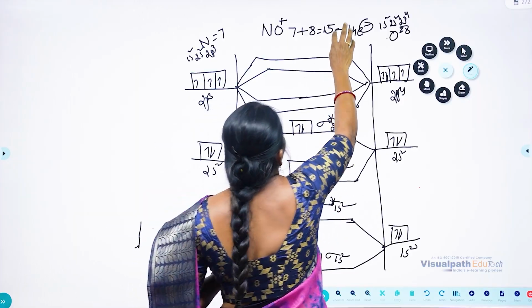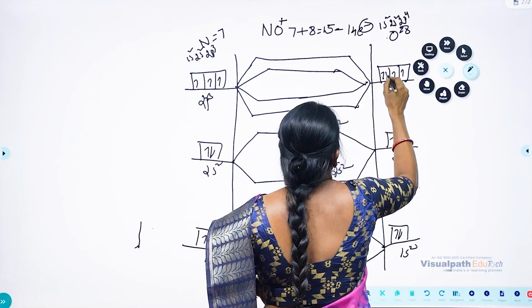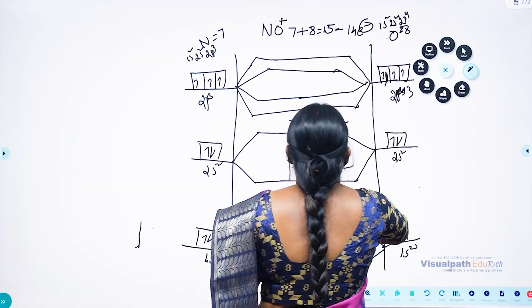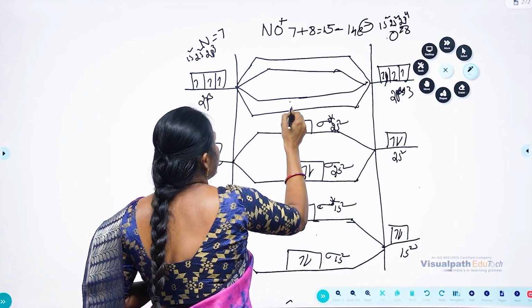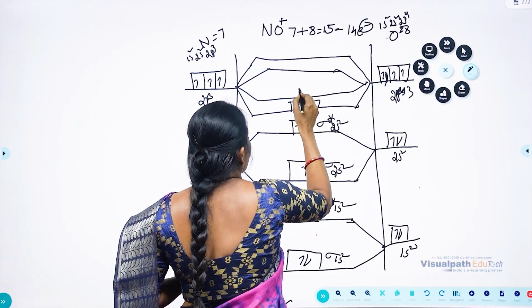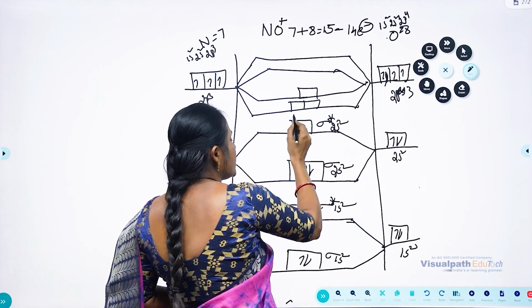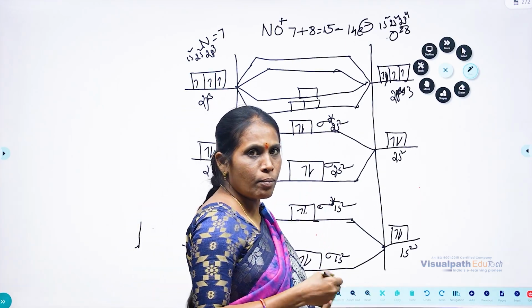So here it is plus, which means we remove one electron from here. It is with only 3 electrons. So here in total how many electrons are there? 6 electrons are there. So those 6 electrons first enter into the bonding.